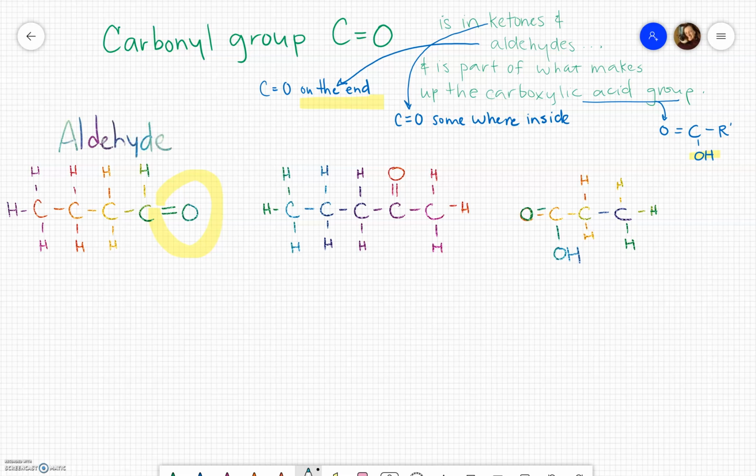And then my second one here, I have my carbonyl group on not the end, somewhere on the inside, and therefore it is my ketone. And last but not least, I have my double bond on the end, and I have my OH attached to that same carbon, so that is my carboxylic acid.